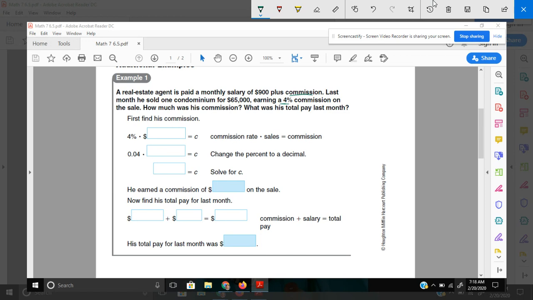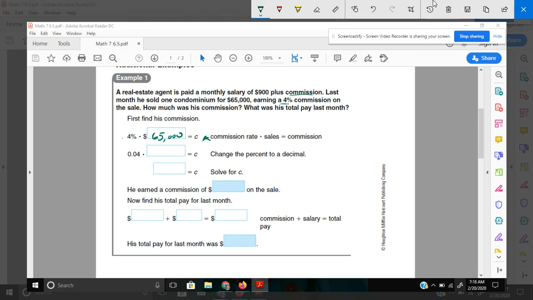All right, so first we'll find his commission by taking 4% of $65,000. And remember, of in math means to multiply. It's giving us a hint here: take your commission rate, which was 4%, and multiply it by your total sales, which was $65,000. That'll give you your commission.